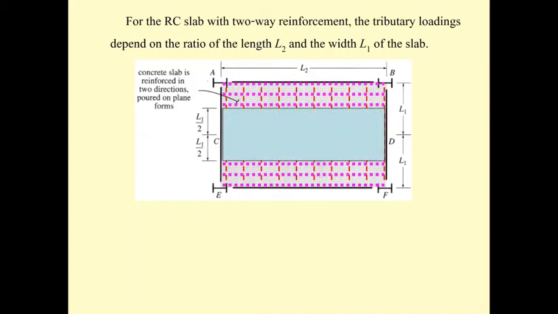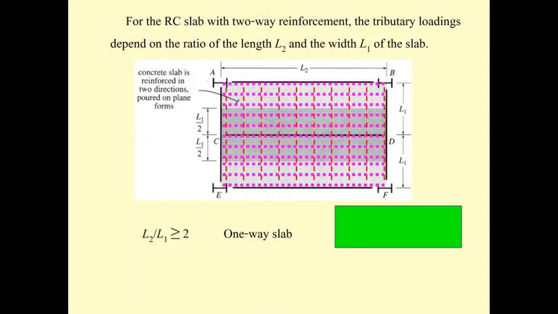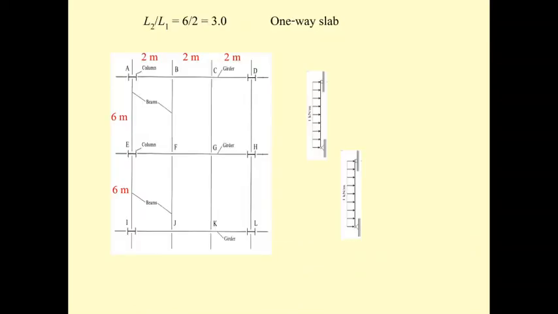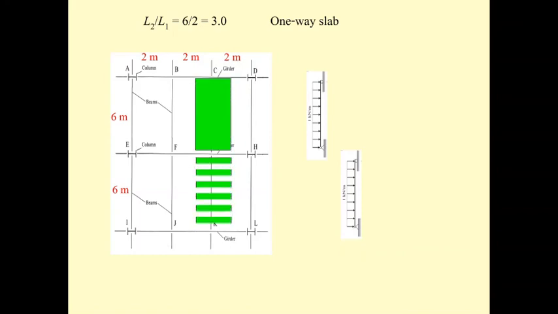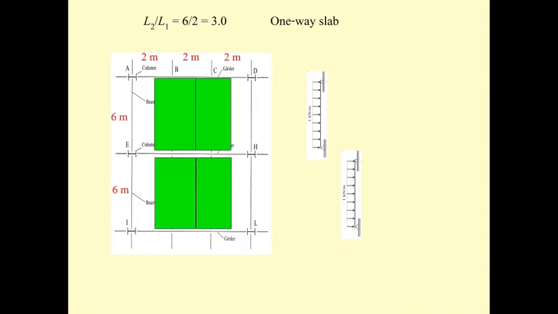If the ratio of L2 to L1 is larger than 2, it's going to have a shape like this. It's going to be a one-way slab. However, if the ratio of L2 to L1 is less than 2, the shape is going to be like a square. The distribution of the force is going to be a 2-way slab. For a one-way slab, the distribution of the force is all rectangular.